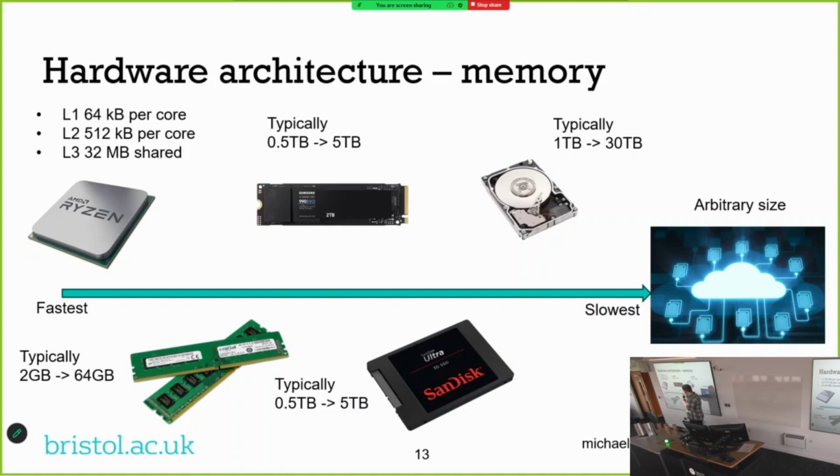You've then got RAM, then SSDs that go in your NVMe slot, then SSDs that go in your SATA slot, spinning rust, the internet. Anything on this side you should avoid at all costs if you're using it for data access. Storage, absolutely fine, no issues. But as soon as you're working on the data, you want to be here or on there.